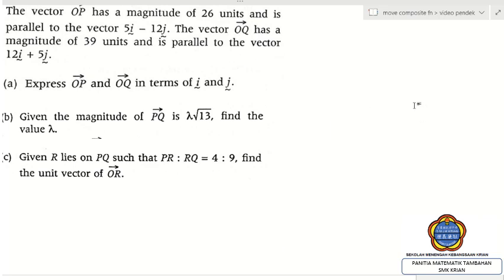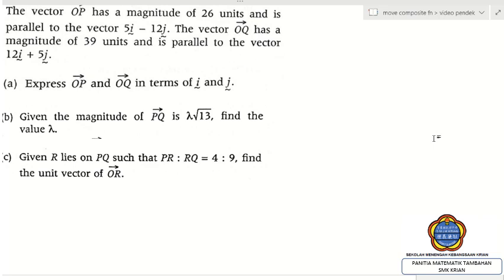Question B, given the magnitude of PQ is lambda root 13, find the value of lambda. Question C, given R lies on PQ such that PR:RQ is equal to 4:9, find the unit vector of OR.